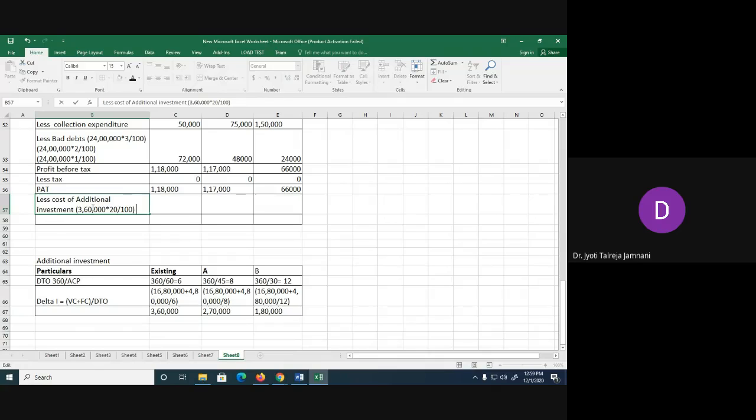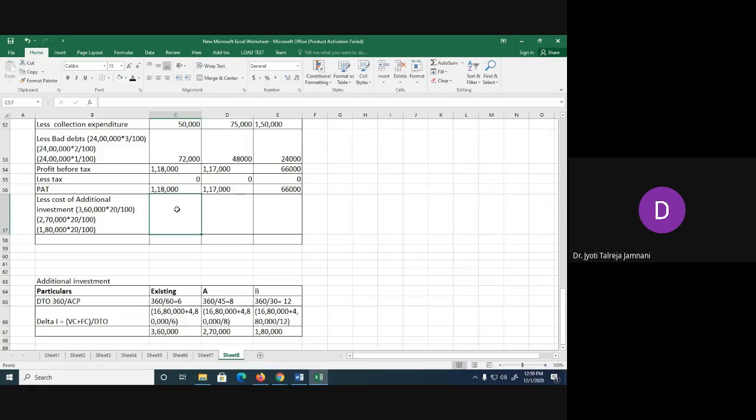Then 2,70,000 into 20%. In the third case, 1,80,000 into 20%. So you get 72,000, 54,000, 36,000.